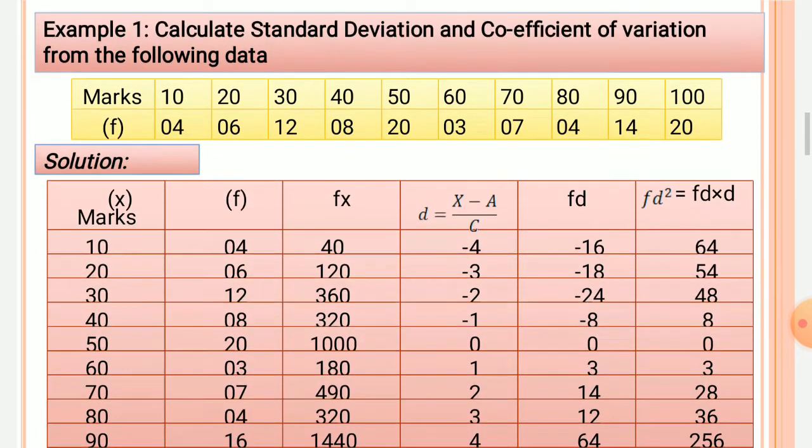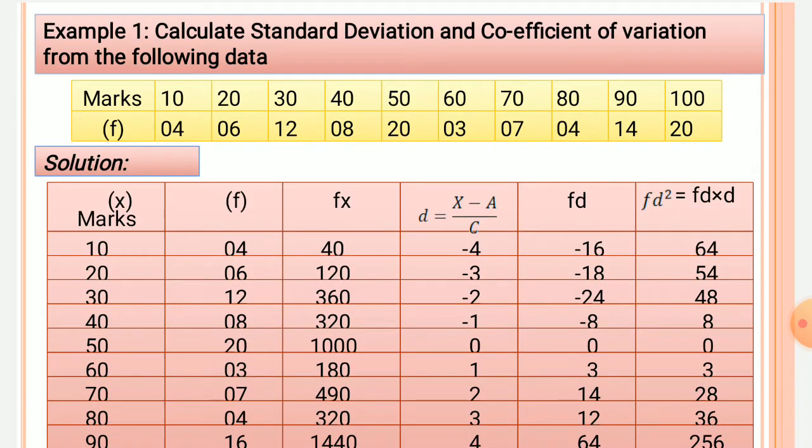Now, the first problem: calculate standard deviation and coefficient of variation from the following data. So here we have to calculate both the standard deviation as well as coefficient of variation from this given data.